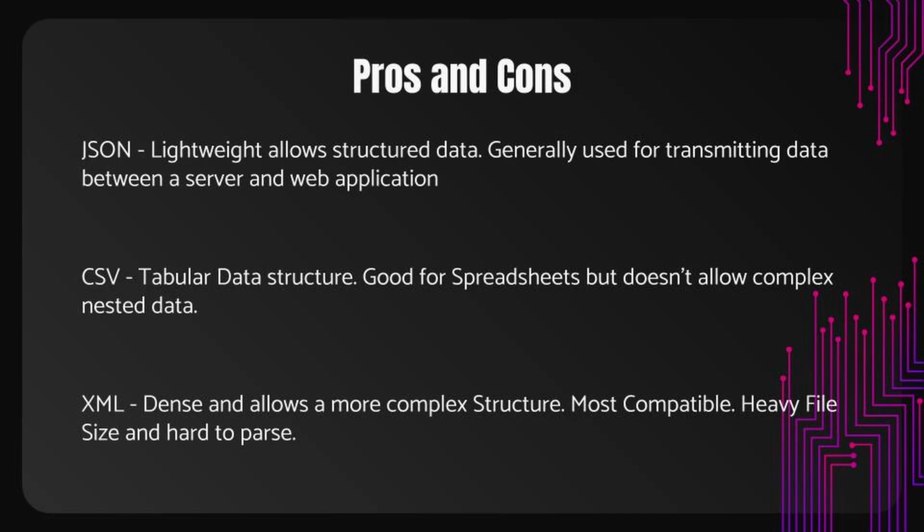XML allows more control and complexity. Also, XML allows more compatibility since it's older. It has stability for a more complex and richer data structure than JSON. Though JSON is quicker at parsing and has a smaller data size than XML.